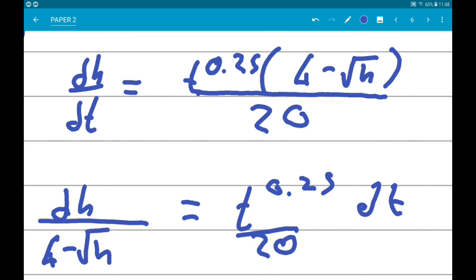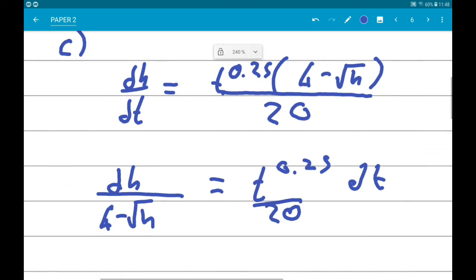Okay, now we are going to integrate on both sides.